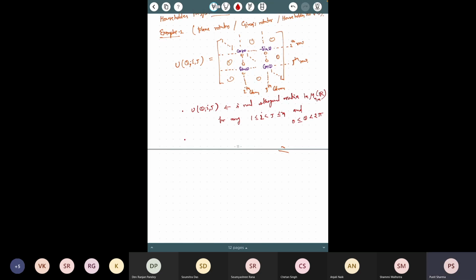The second thing is that when you apply this on a vector, it simply carries out a rotation through an angle theta, and this rotation is only in the ij coordinate plane.